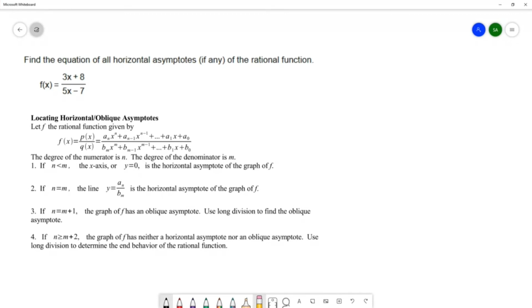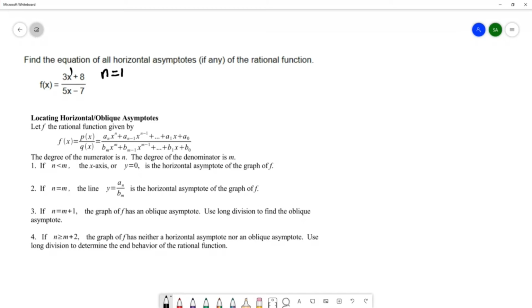In our example, the numerator is the expression 3x plus 8. That's a polynomial function, and the highest power on x is 1. So n is equal to 1. The degree of the numerator is 1.